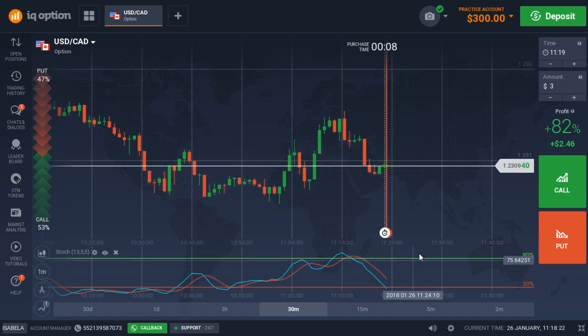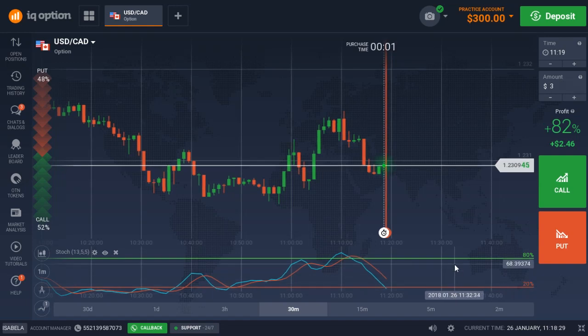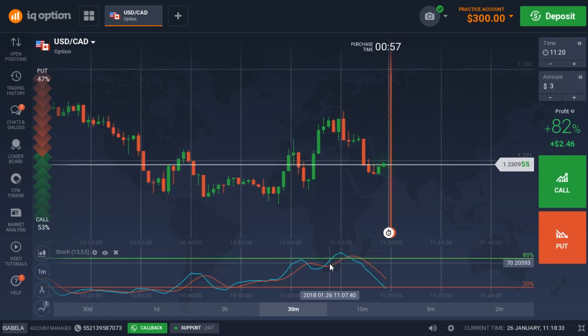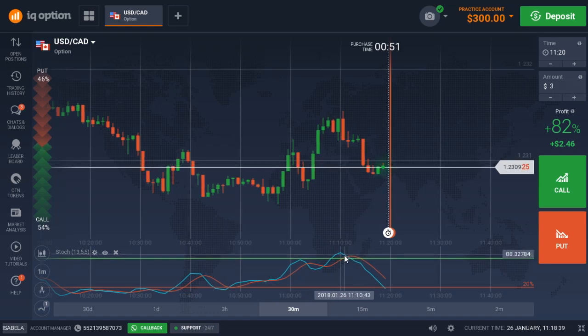Now we have two levels, which are the 80% level and the 20% level that we set up. What do these levels mean? The 80% level means that when the stochastic oscillator crosses above this level, the market is overbought, and the probability of the sellers kicking in is higher.